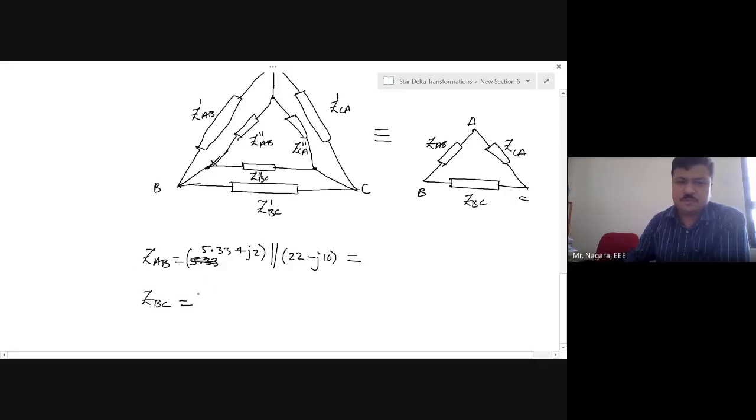ZBC is 3 minus J8 in parallel with 12 plus J26.4.